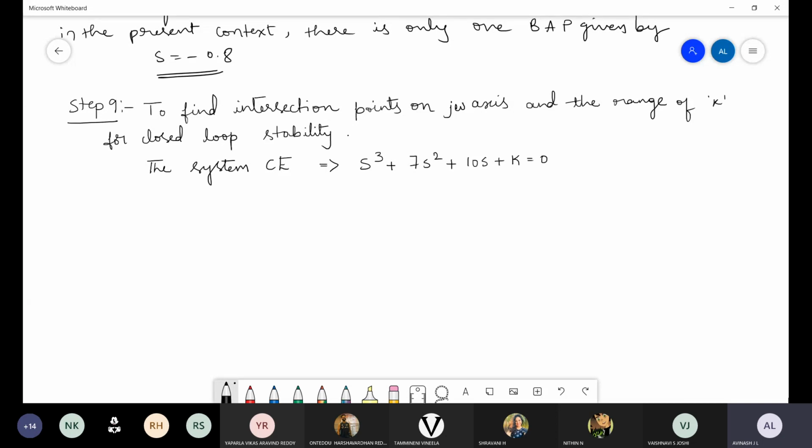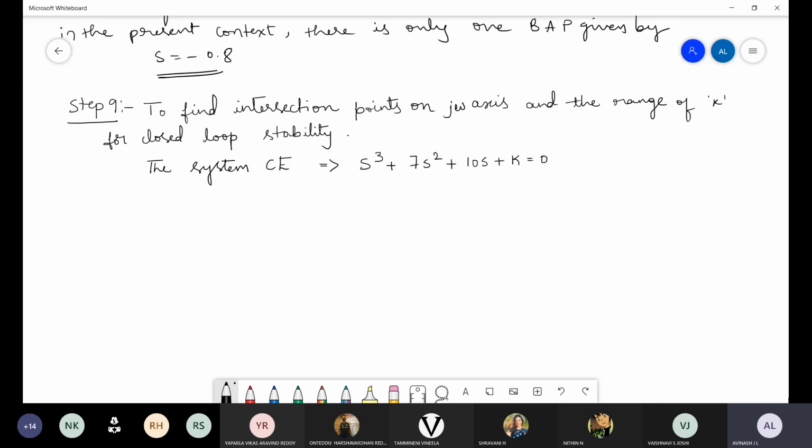While discussing the steps or rules of rapid plotting of a root locus, we understood one thing. We can plot the root locus by putting s equal to j omega, that is the alternative option, or else we can go for the Routh-Hurwitz criteria, RH criteria.